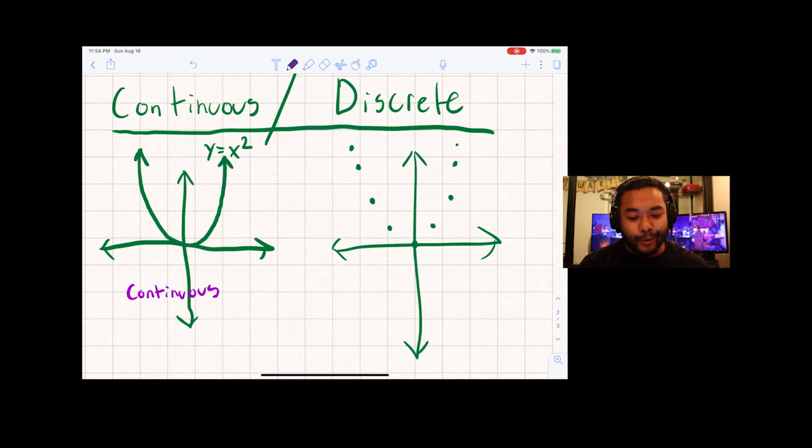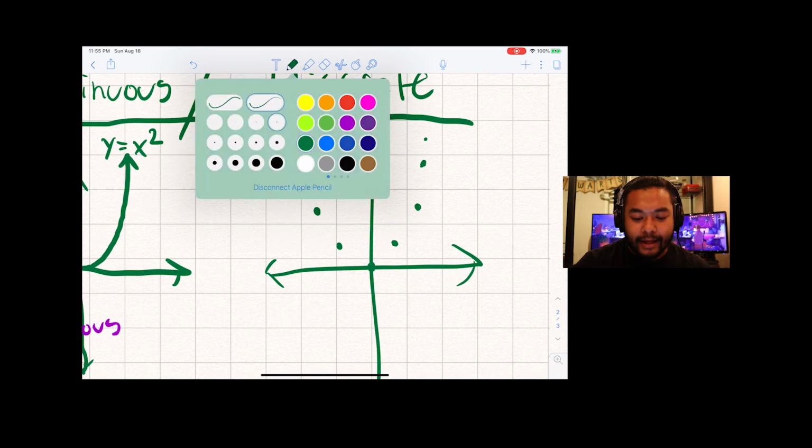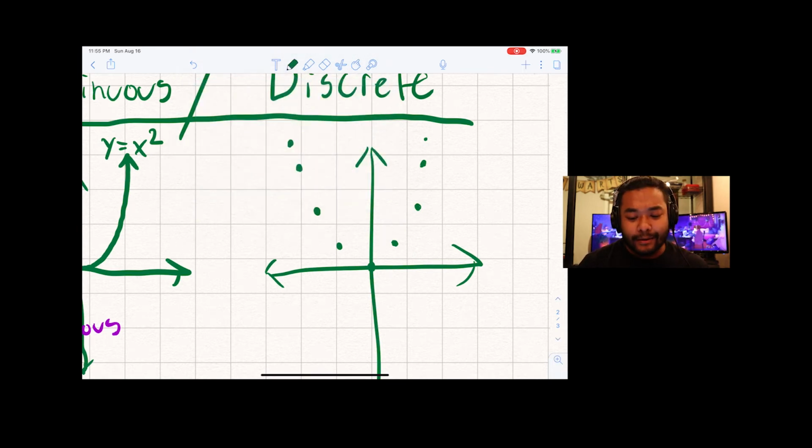It's pretty easy, mostly because if the function never stops, if the line keeps going and flows, it's continuous. If there's gaps in between where points hit, or if it's just single points on the graph. In fact, it doesn't even have to look like a quadratic function. It doesn't even have to look like something that is a function. I could draw a discrete graph that had a point here, a point here, a point here, a point here, a point here, a point here, a point here.